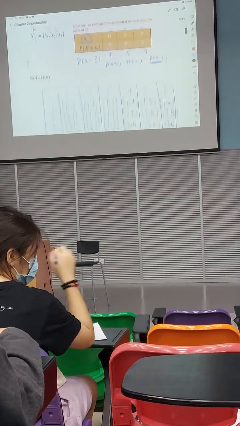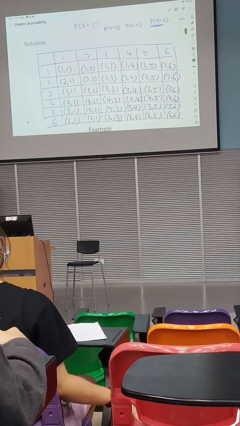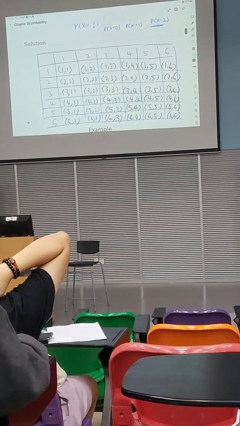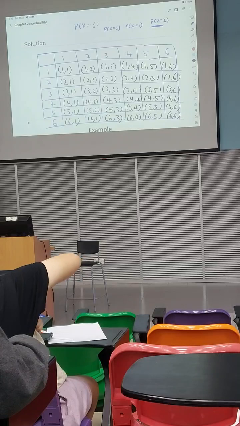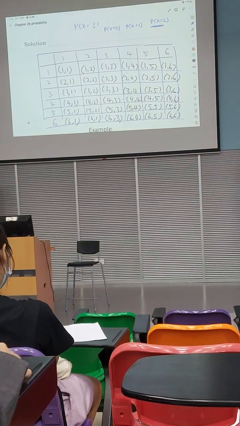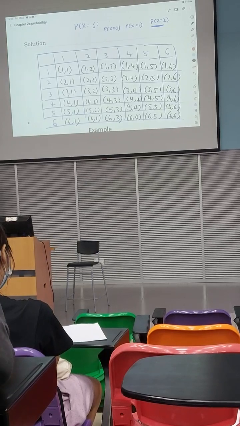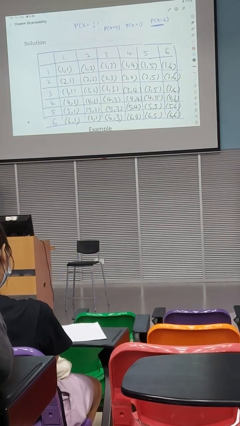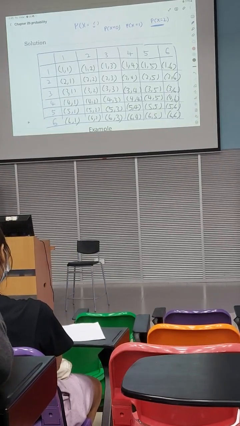If I give you a solution like this, look at this. It is easier for you to understand through this. We have 1, 2, 3, 4, 5, 6, and 1, 2, 3, 4, 5, 6, because every time we throw 2 dice. Now I want the number 4.